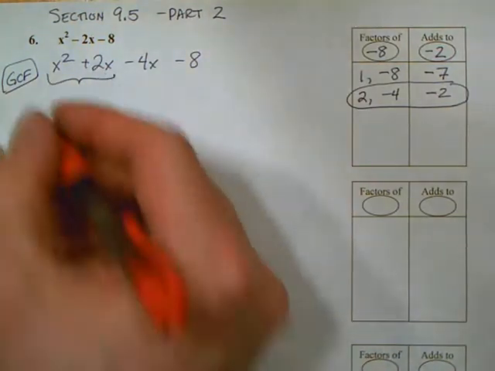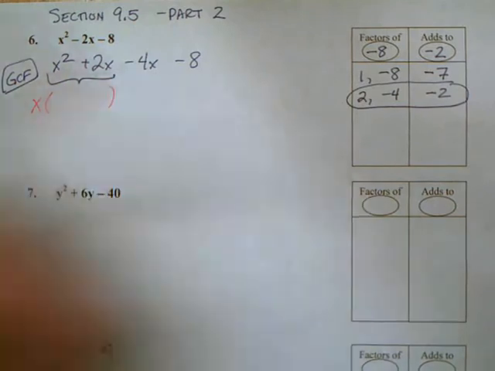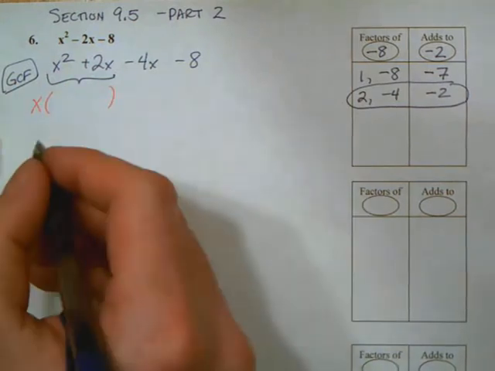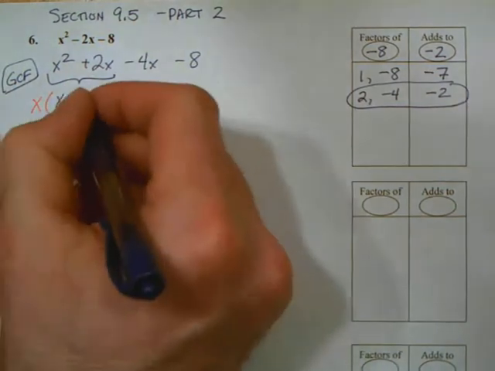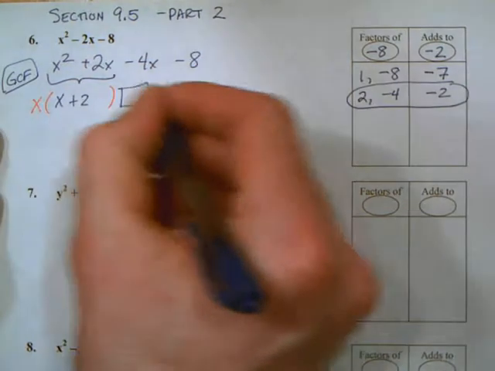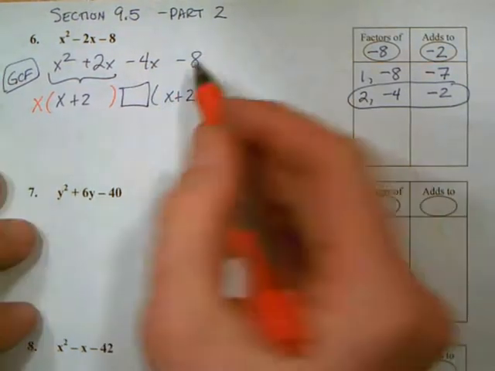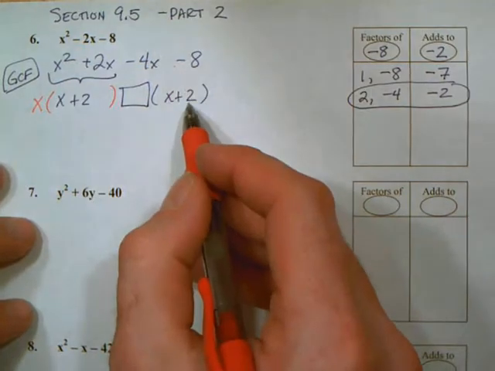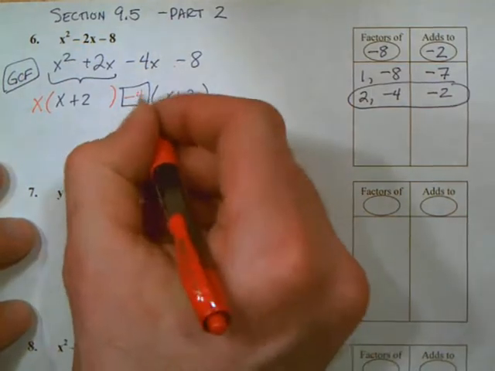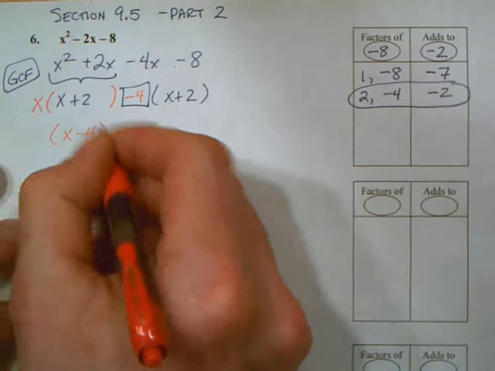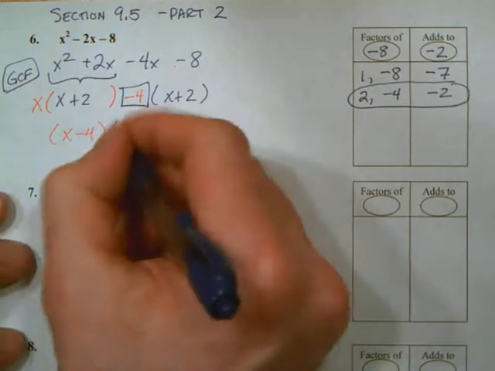And when we take that x out, Kent, what's left on the inside? X plus 2. All right. Well, let's remember to put our box down and put that x plus 2 at the back of the parentheses. Now, negative 8 divided by 2, Kent, is? Negative 4. All right, so there's our first factor, x minus 4 times x plus 2.